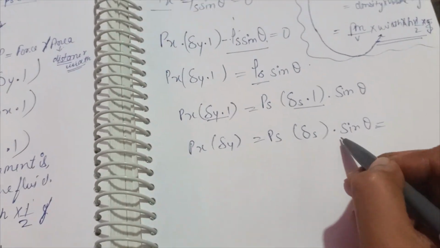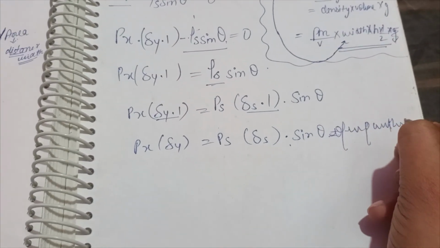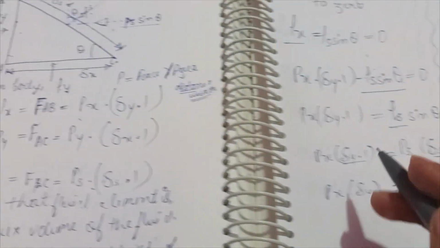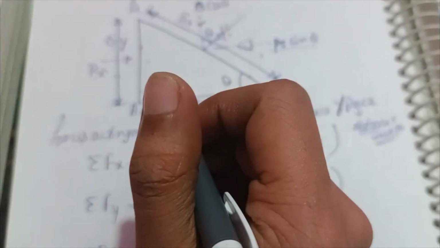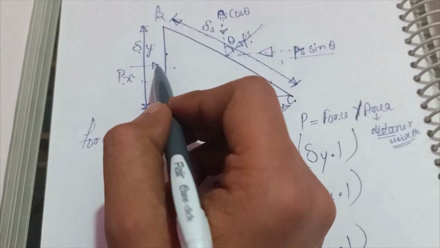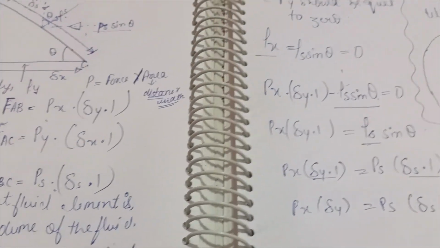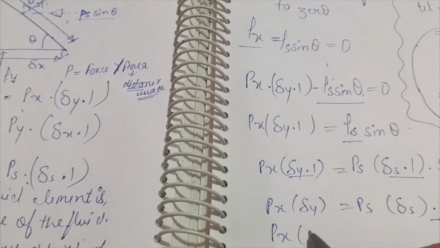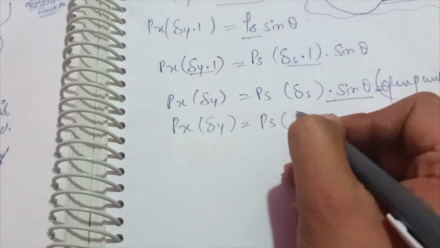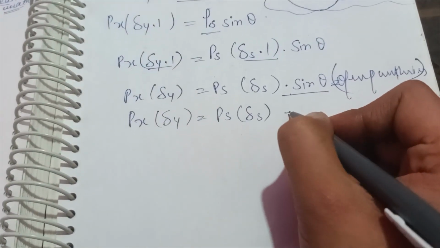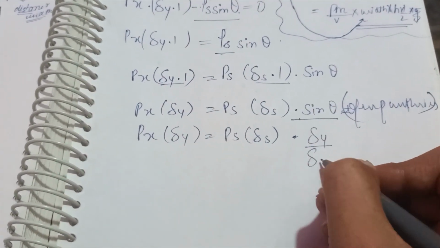For the next part, let's open the parentheses. We know sin theta is perpendicular by hypotenuse. So in our wedge-type fluid element, the perpendicular is delta y and the hypotenuse is delta s. Px delta y equals Ps delta s times delta y by delta s.